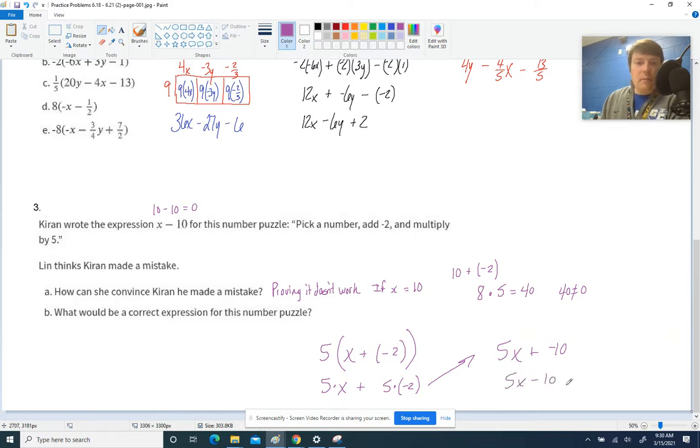So if he takes his number, multiplies it by 5, and subtracts 10, he should be able to do the same thing that the puzzle is saying. And it works. Let's try our number 10 out. 5 times 10 is 50. 50 minus 10 is 40. And that's the same thing that we got when we did the number puzzle the regular way. So we know that it works. So this would be an expression that would represent his number puzzle. And that's the first page of your homework.